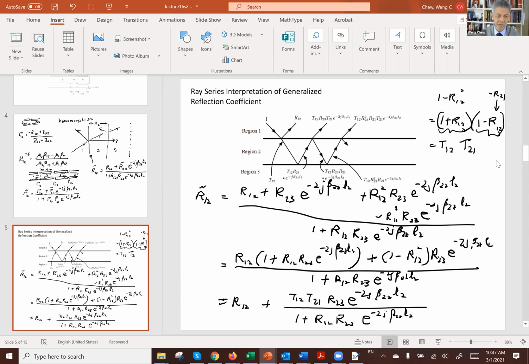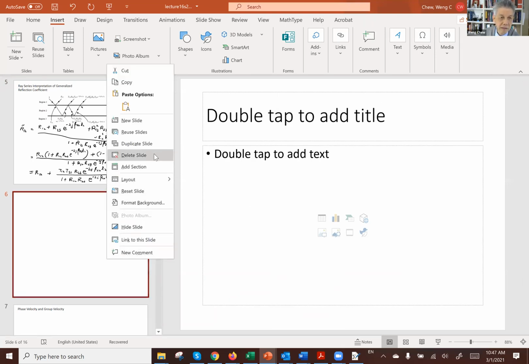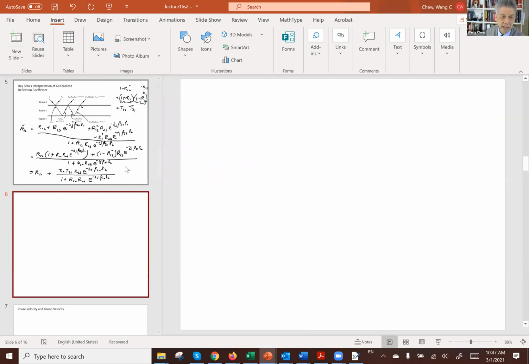But the next thing you can do is, let me insert a new slide. I have to make this into blank.